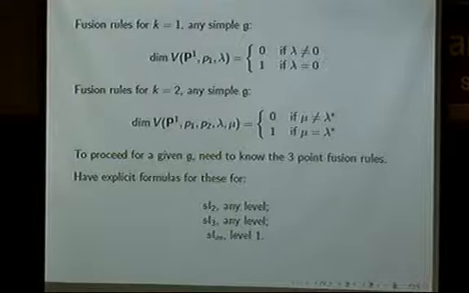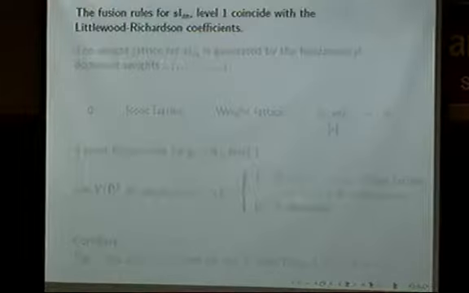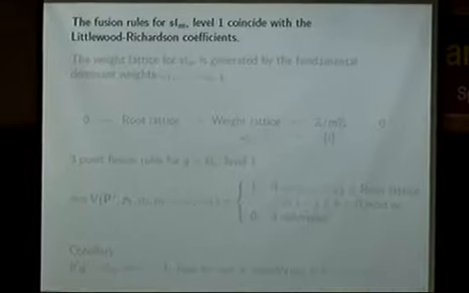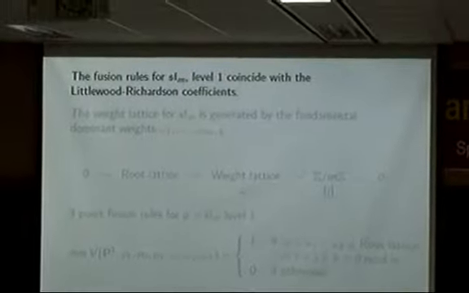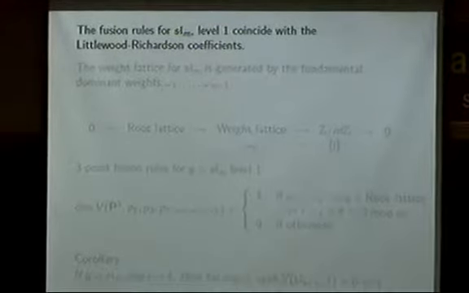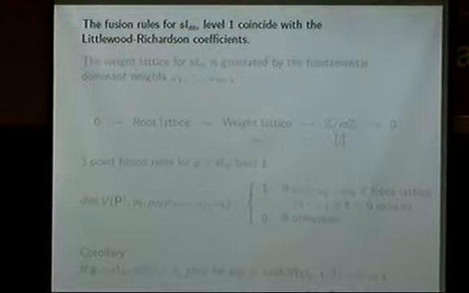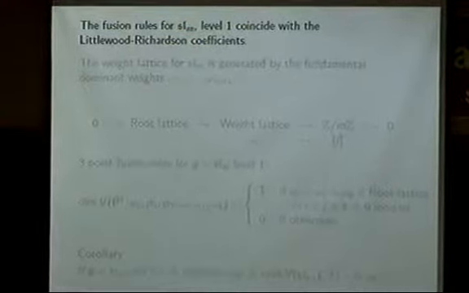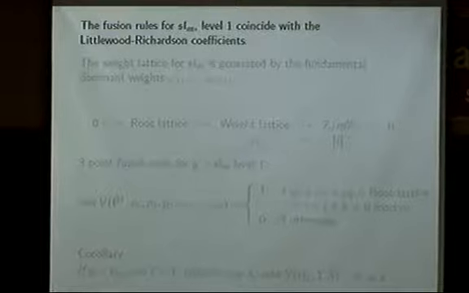And we also know the fusion rules for SLm if you restrict yourself to level 1. Now, for SLm level 1, I can even tell you more explicitly what the fusion rules are. They happen to coincide with the Littlewood-Richardson coefficients in this case. So in general, you can think of fusion rules as truncated Littlewood-Richardson coefficients. In this particular case, SLm level 1, they're actually the same.